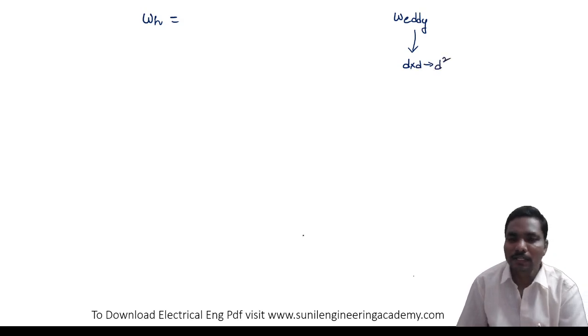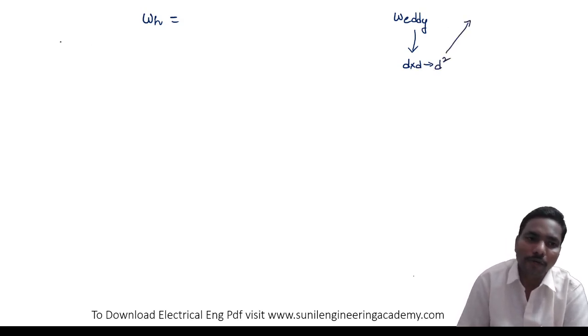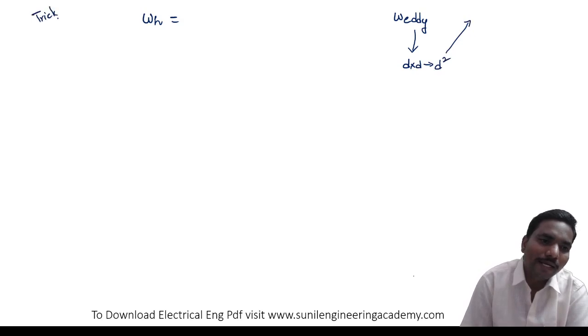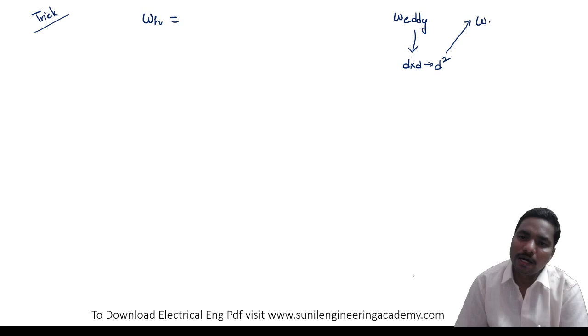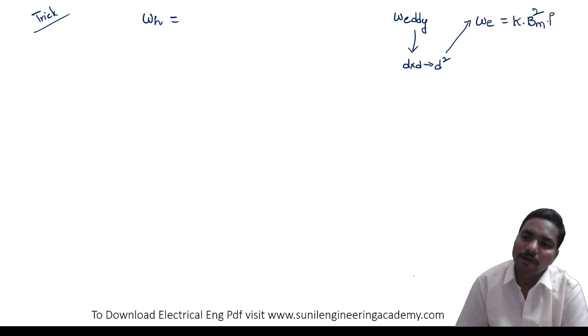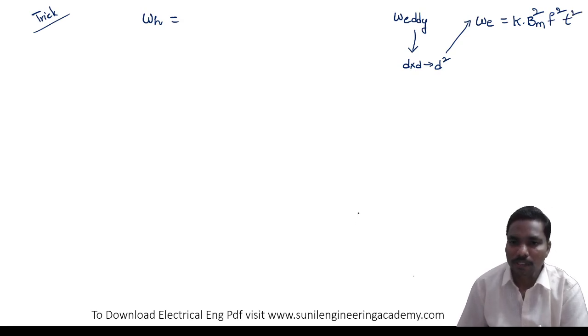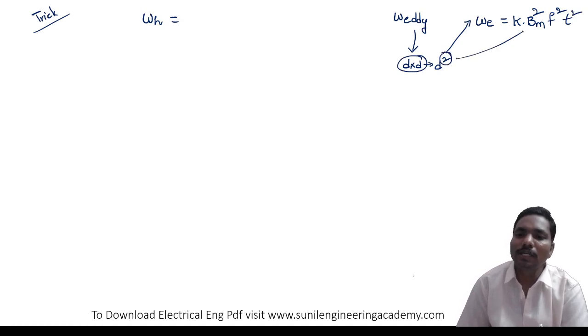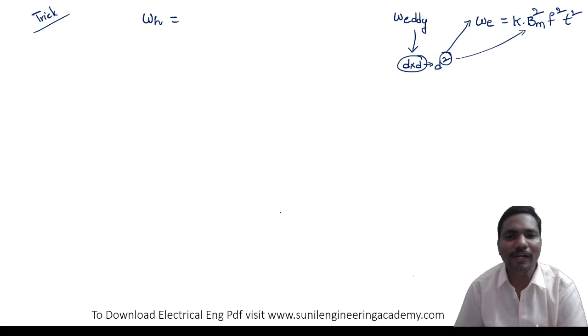So in the formula also we have squared terms: K, B max square, F square, T square. All the terms are in square format. That is the easy way to remember.